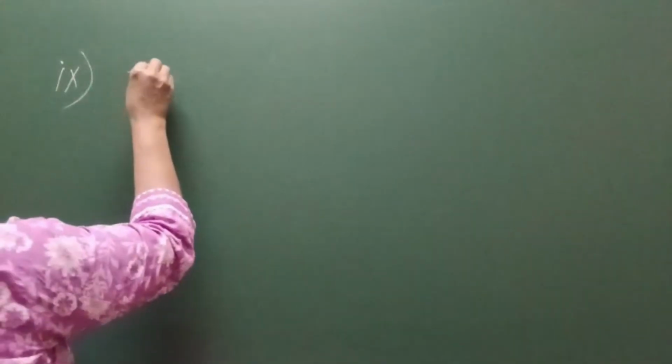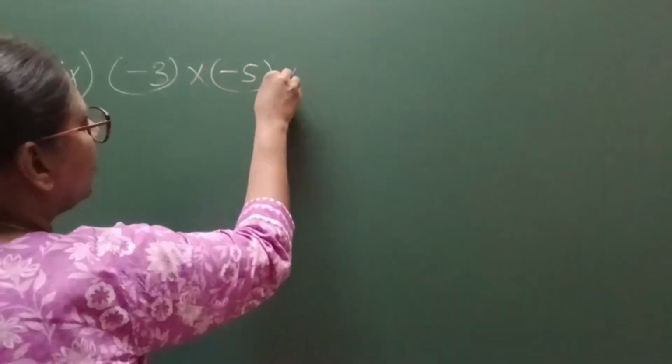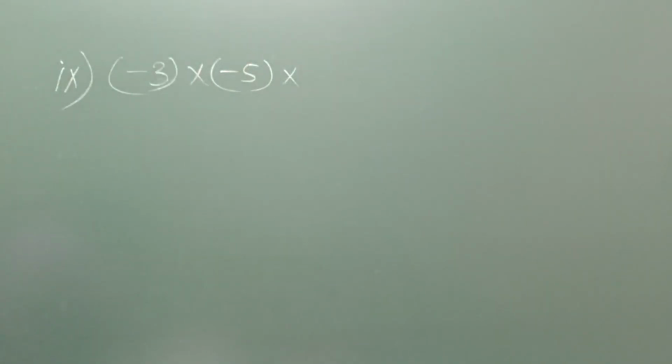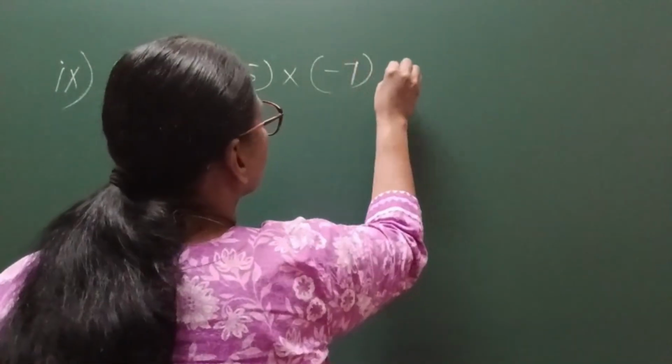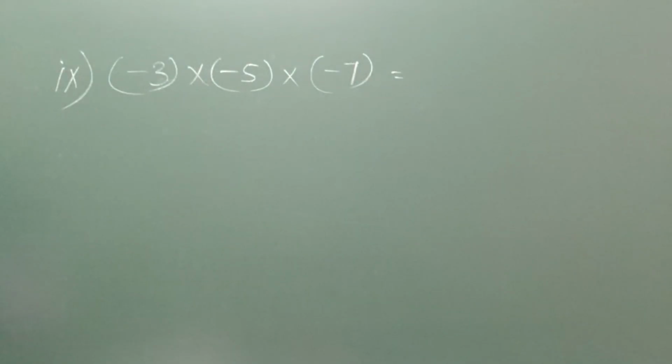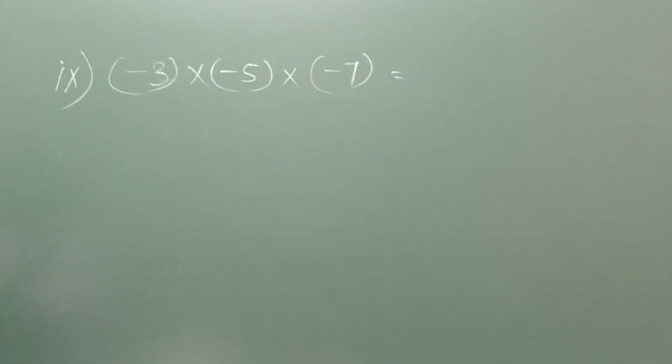Next question. Minus 3 into minus 5 into minus 7. Here all three integers are negative.